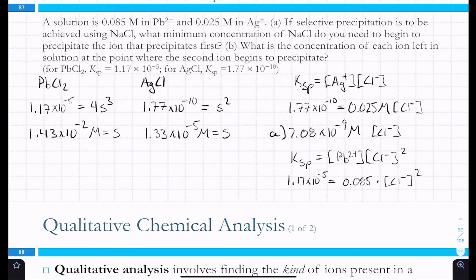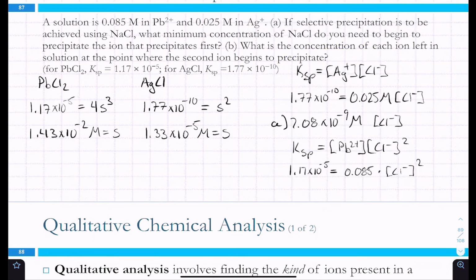So 1.17 e to the negative 5 divided by 0.085, and then the square root of that. So this is going to be 1.17 times 10 to the minus 2 molar equals Cl minus.